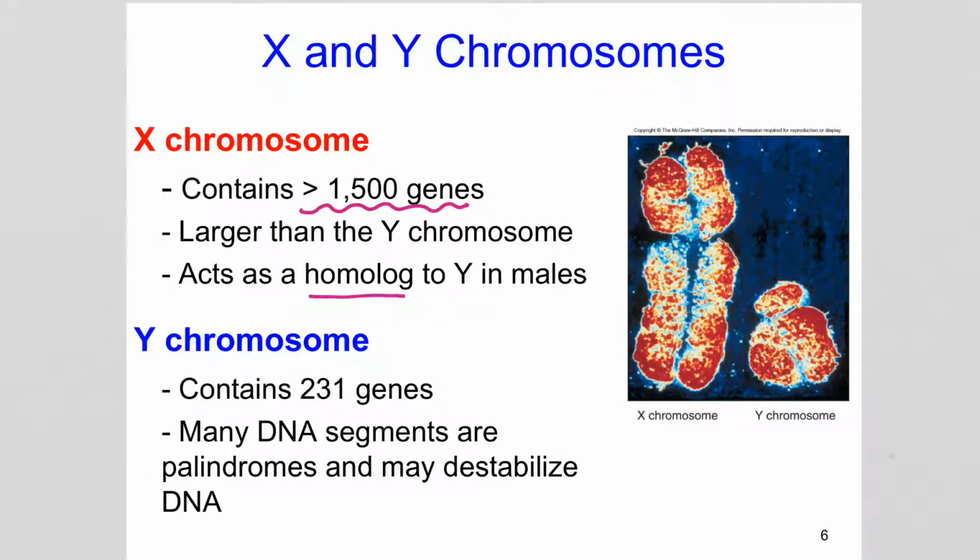Our Y chromosome is much shorter and it looks very unique in terms of its structure. It's how it gets its name. It has only 231 protein encoding genes. Many of the genetic segments of these genes are actually palindromes, so meaning they read the same forward and back, and that can actually destabilize our DNA.